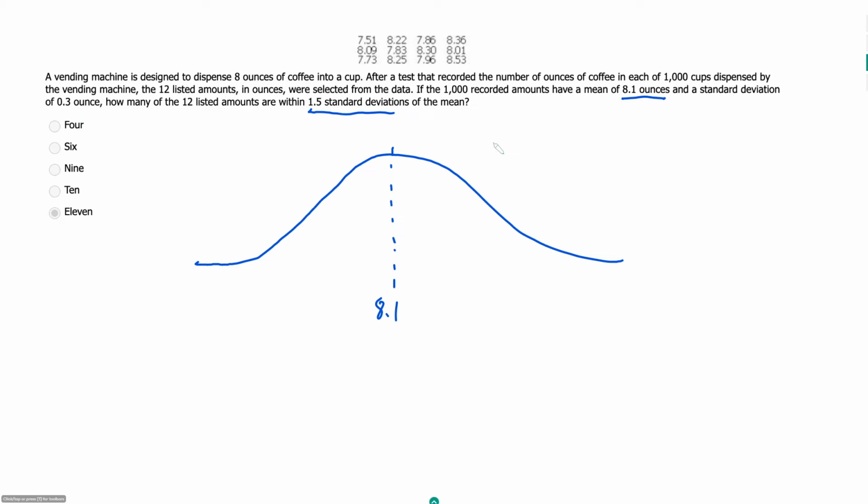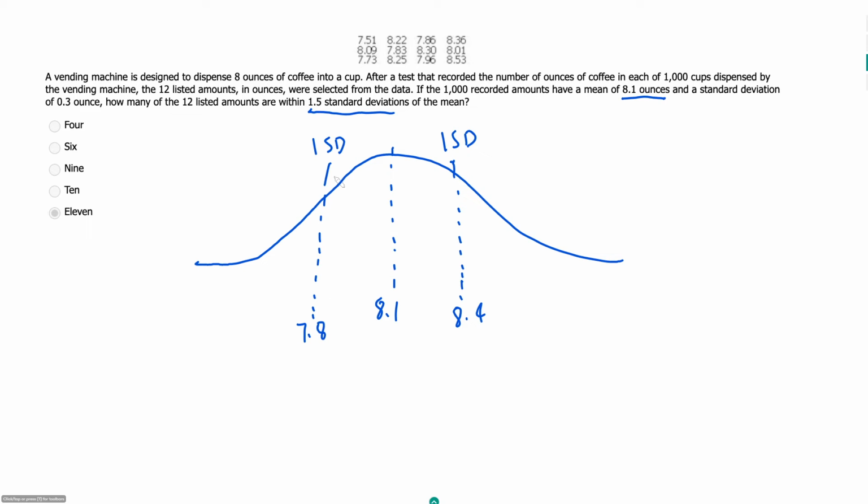So that means one standard deviation to the right of our mean. If each standard deviation is 0.3 ounces, one standard deviation to the right should be 8.4 ounces, and then one standard deviation to the left should be 7.8 ounces.